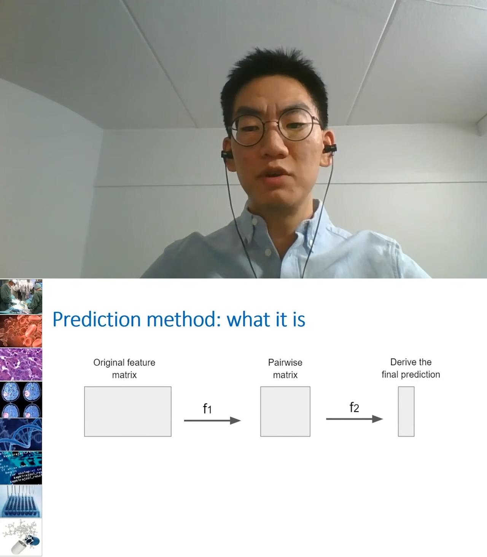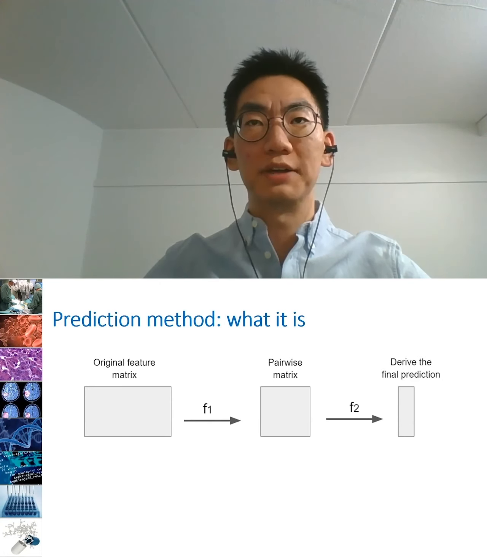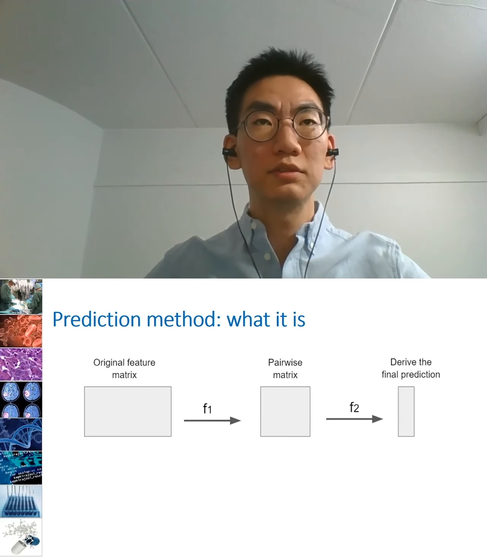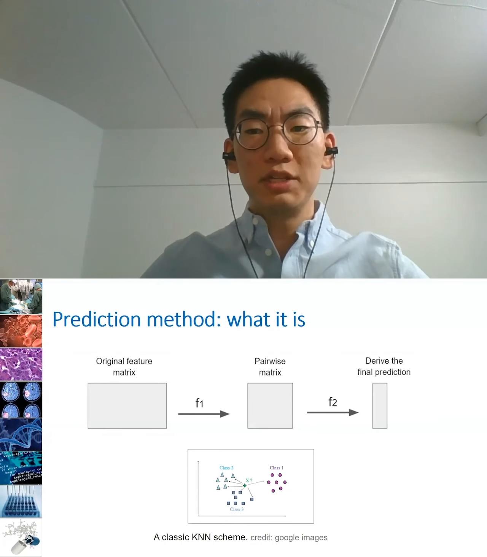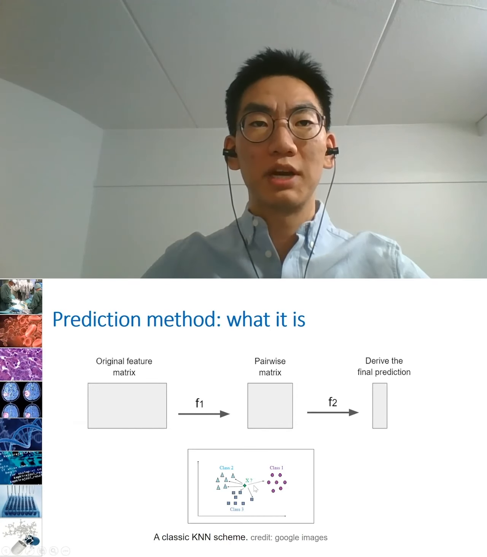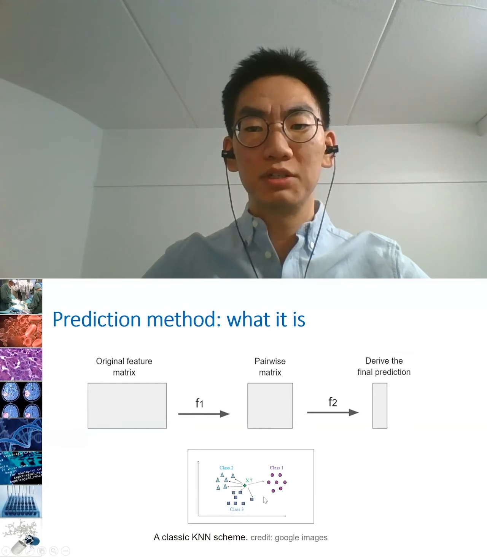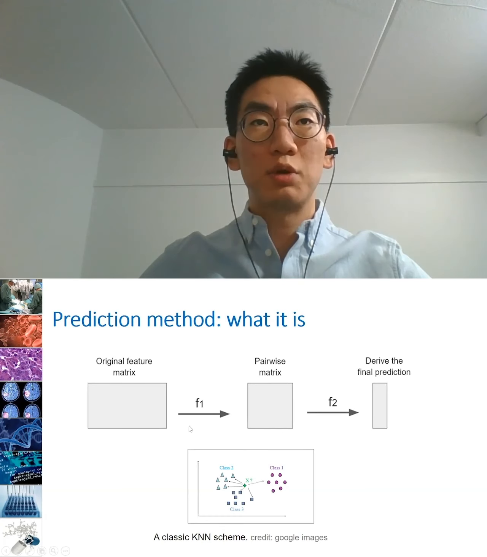We believe such a framework helps the detection of signal from inherently noisy dataset with small sample size. And this strategy is actually used by quite many methods, from classic k-nearest neighbors to a full kernel models. And with varying flexibility in transformation steps and also prediction steps.